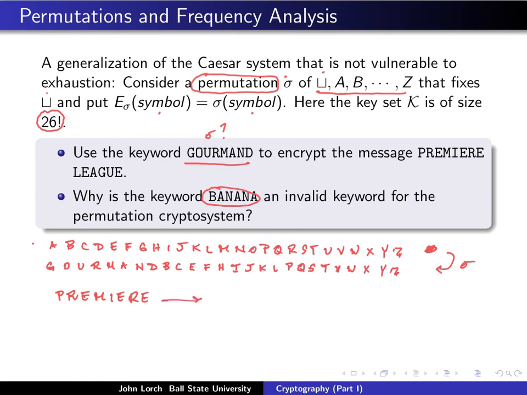So it encrypts as this: K, P, M, H, B, M. Let's see, R goes to P. And then E goes to where? E goes to M. Right, so you can check and make sure I did this right. And then go on and compute the encryption of the word league.